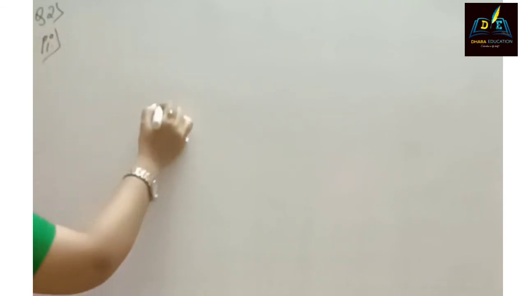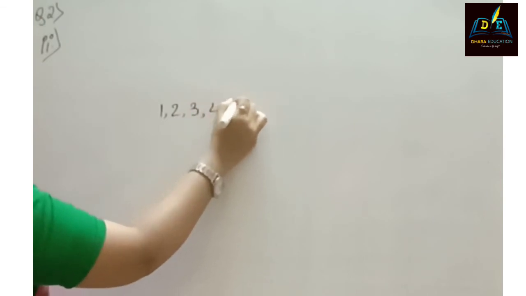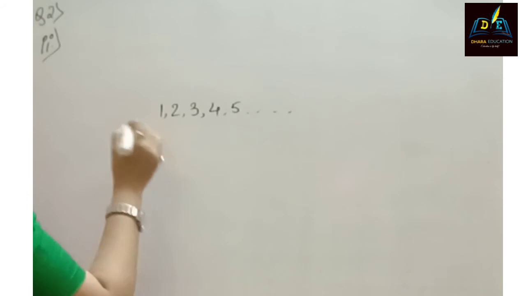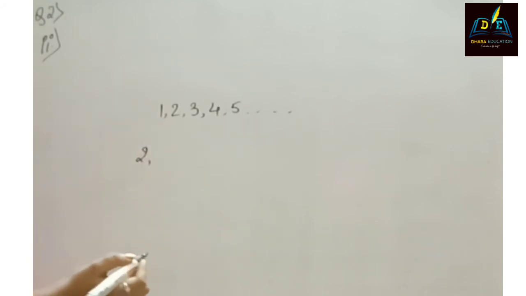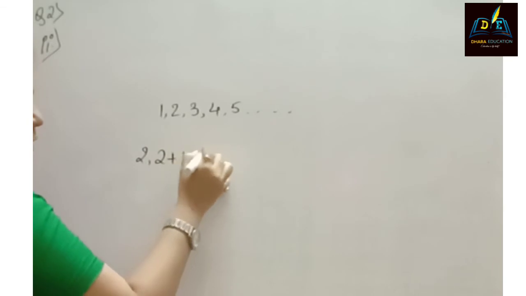So now the integers that I told you, that is 1, 2, 3, 4, 5, like this. And consecutive positive integers means what? If I have taken 2, say for example, the second consecutive integer will be 2 plus 1, which gives us 3.